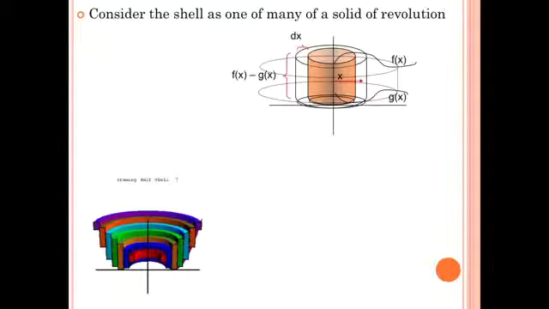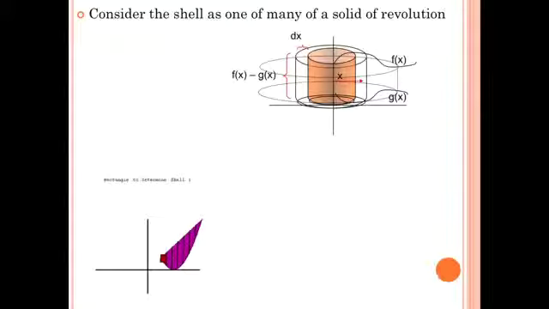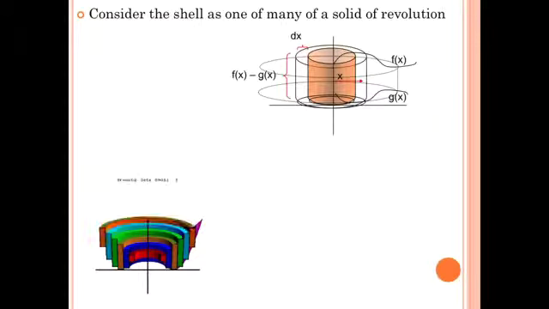And what's the distance to the axis of rotation for any given one of these? The radius. That distance would be x. This is x away, x away, x away. And then its thickness, we have a delta x. Its thickness, the width, would be that delta x.